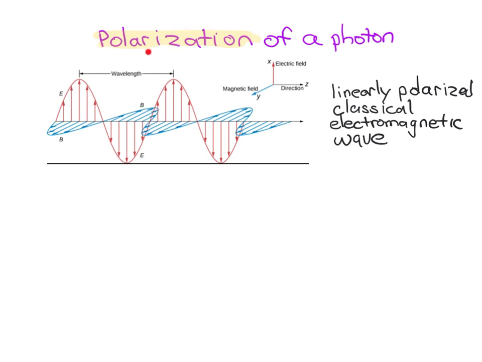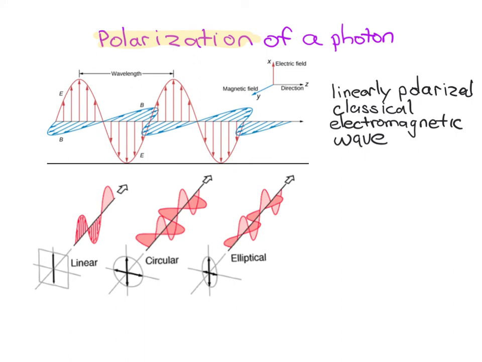Okay, and last but certainly not least, I'd like to talk about the concept of polarization as it relates to a photon. When we talk about electromagnetic waves in a classical view, this is a view of a linearly polarized electromagnetic wave. When we talk about polarization of classical waves, we focus on the direction of the electric field, and this wave is linearly polarized along the vertical direction, which in this diagram is being called the x direction.